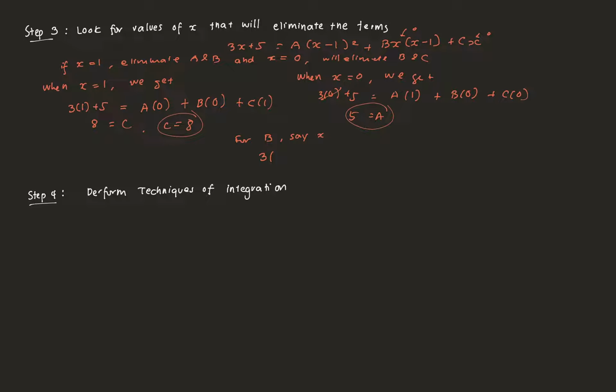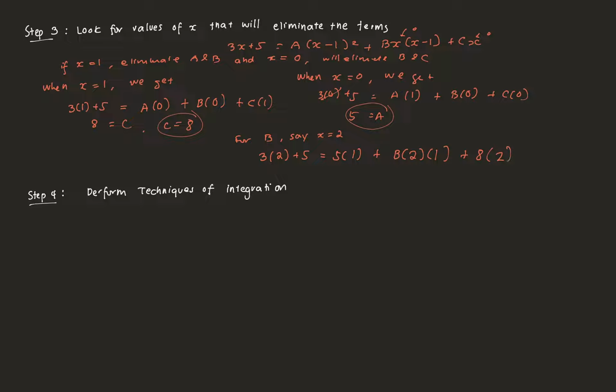So that's 3 times 2 plus 5 equal to 5 times, so a is 5, 2 minus 1 squared, so that's 1, plus b times 2, plus 8, that's c, times 2.